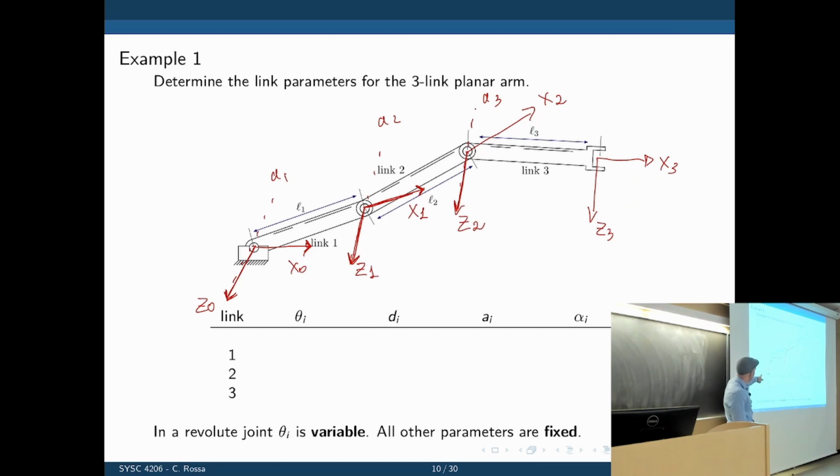If X0 is coming out of the plane, Z0 is coming out of the screen, and Z is going that way, Y goes up. So Y1 goes here, Y2 goes there, and Y3 goes up like that.